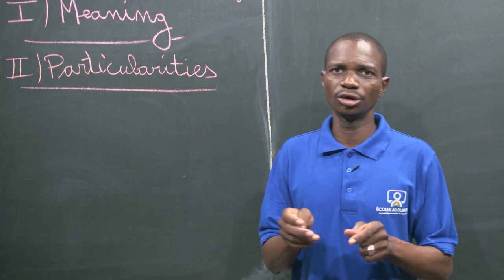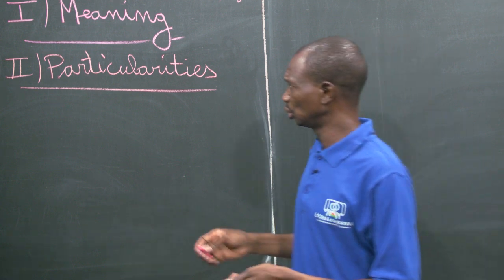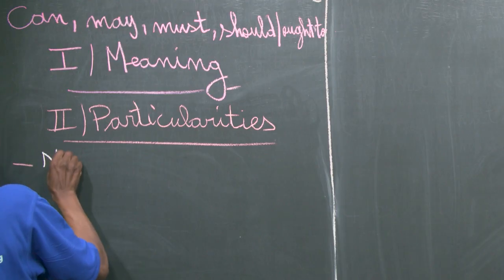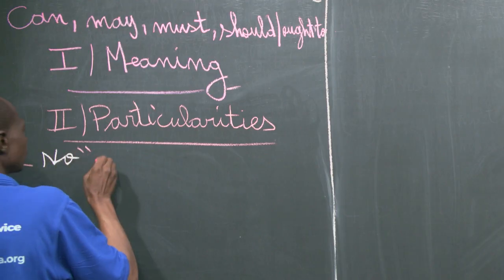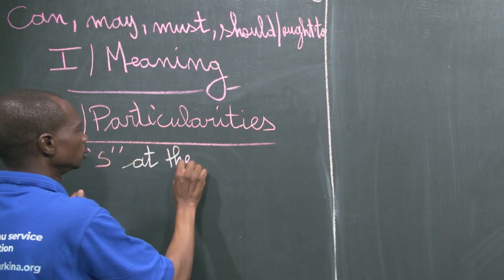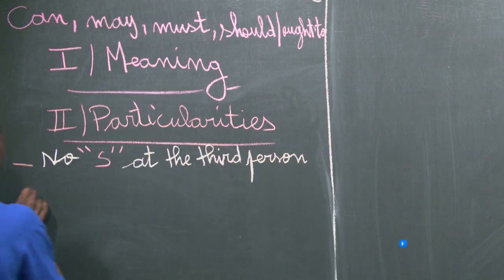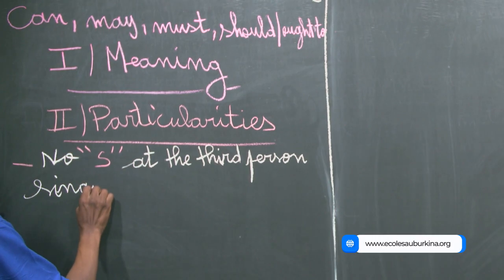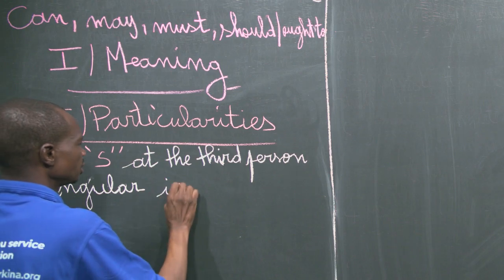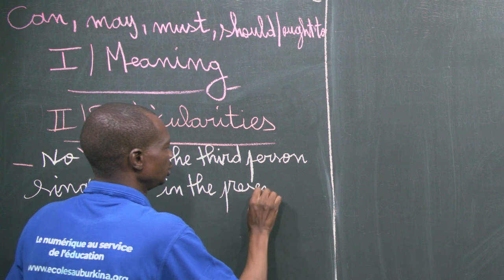This is the first particularity of the modal auxiliaries. For all the modal auxiliaries, we must not put S at the third person singular. So, particularity number one: no S at the third person singular, in the present simple.